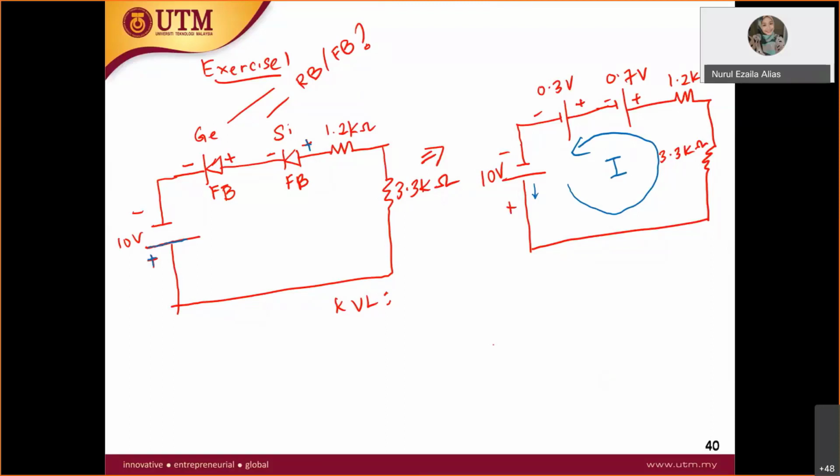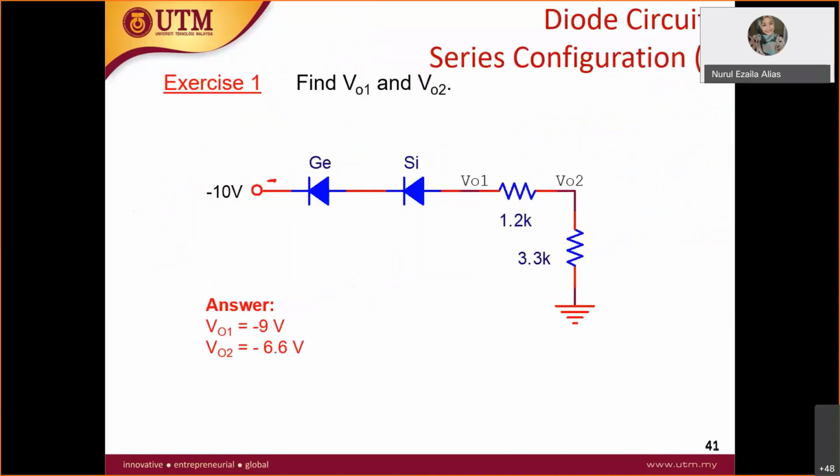When current first goes in, this is plus, this is negative, and this is plus, this is negative. Don't forget that the question said they want V naught 1 and V naught 2 here. All right, so go back here.